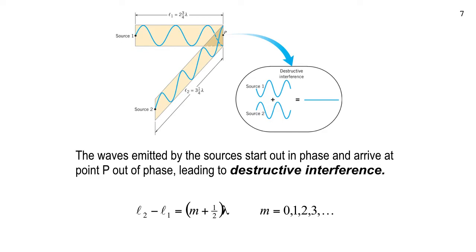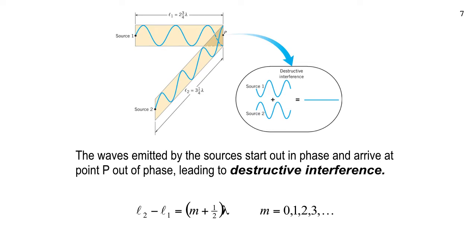Now, take a look at the side view first, over here, in this oval side view. The top one from source 1 and the bottom one, excuse me, from source 2, they're out of phase by 180 degrees.